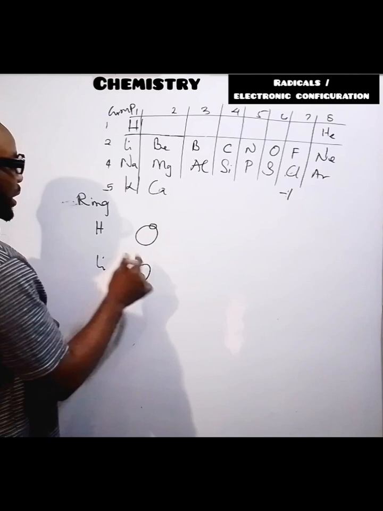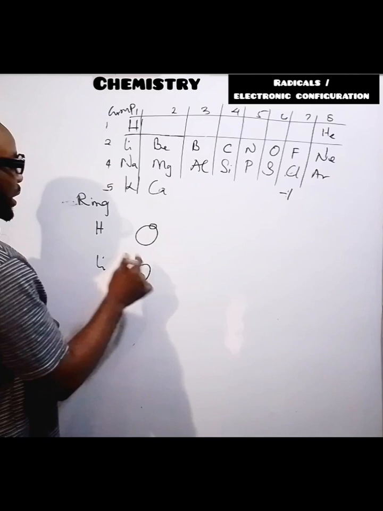Let me also talk about carbon. Carbon is 1s2, 2s2, and 2p what? 2p2. That'll be 1, 2.